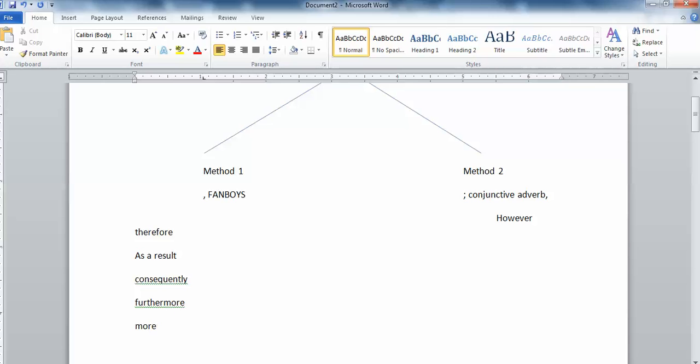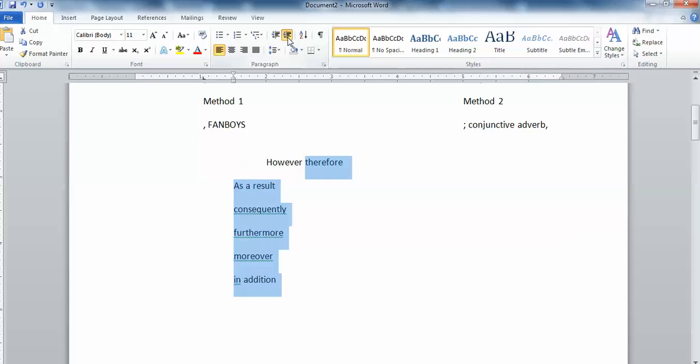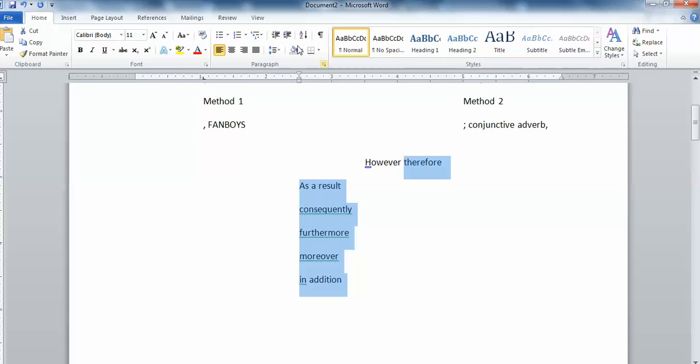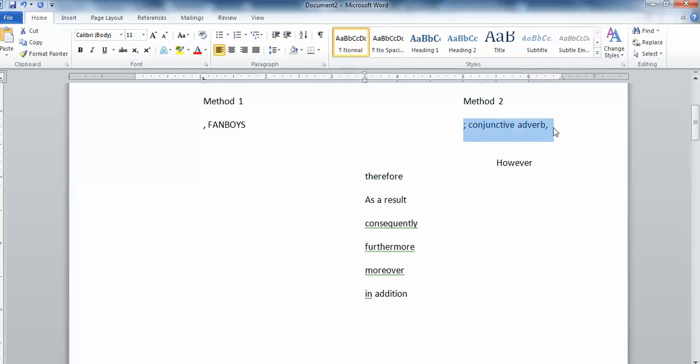All of those are just some of the examples of conjunctive adverbs that you can use depending on the meaning of the sentence that you're trying to get across, okay? But remember, conjunctive adverbs are used with this punctuation pattern: semicolon, conjunctive adverb, comma. So let's give it a try.